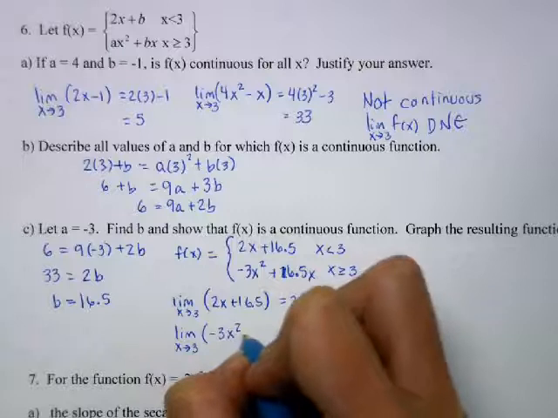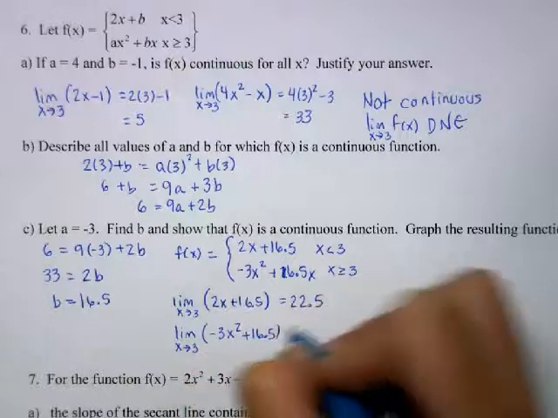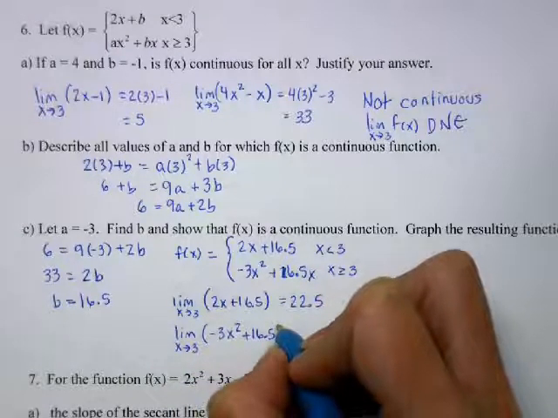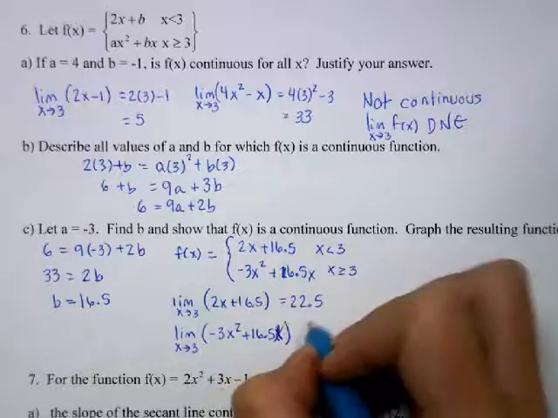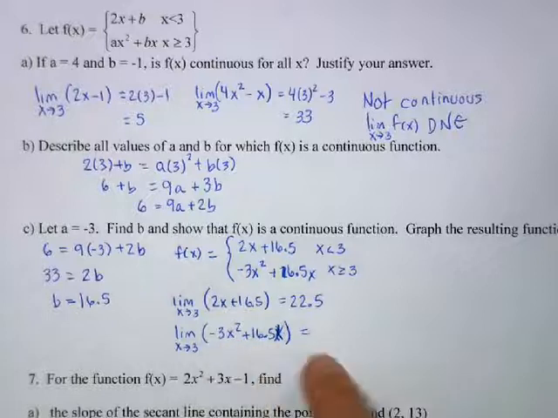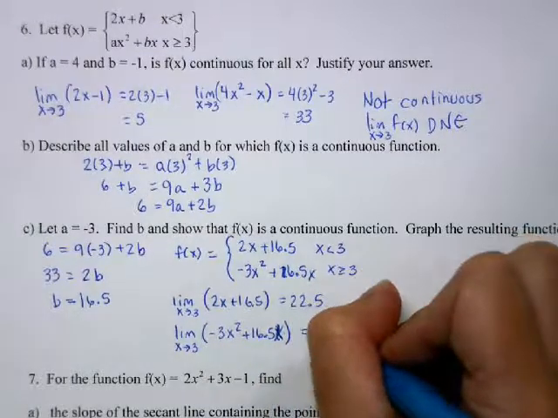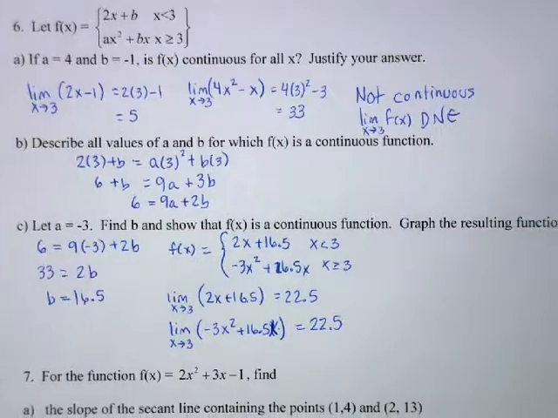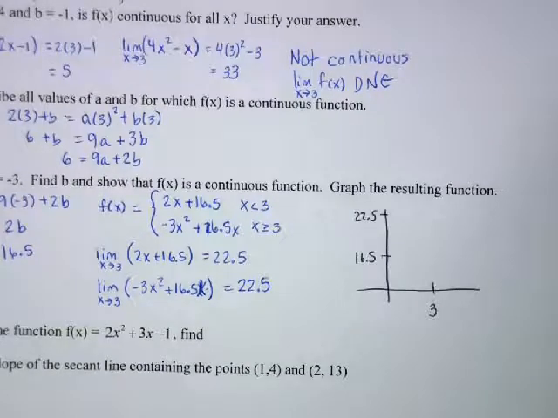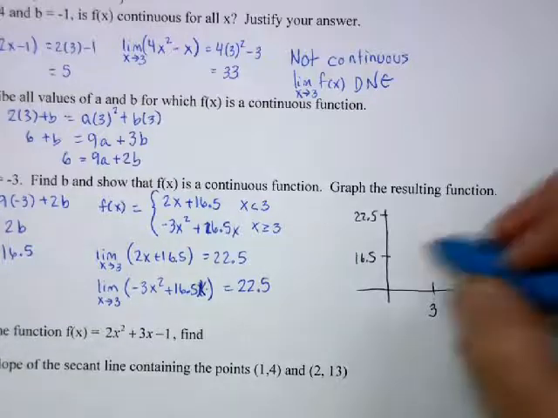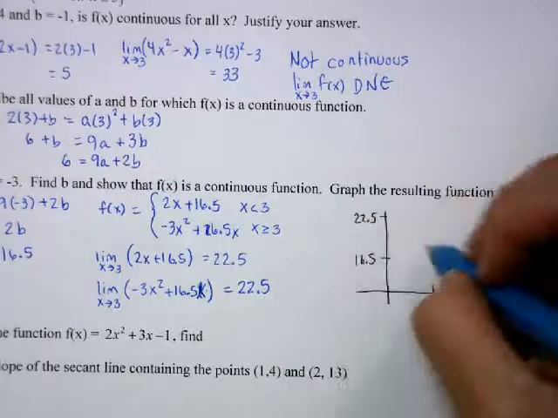Okay, if we plug 3 in for this, you'll also get 22.5. So you can use a calculator to help you out with this part. We're going to have this line that's going to lead up to 3, and then after 3 we've got this upside down parabola, so it ends up looking kind of like this.